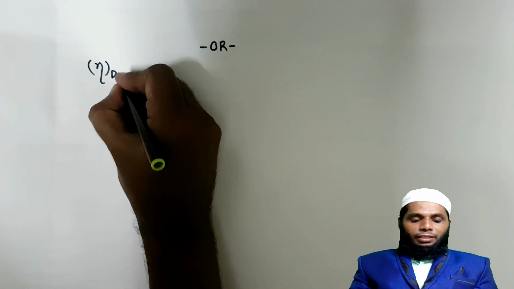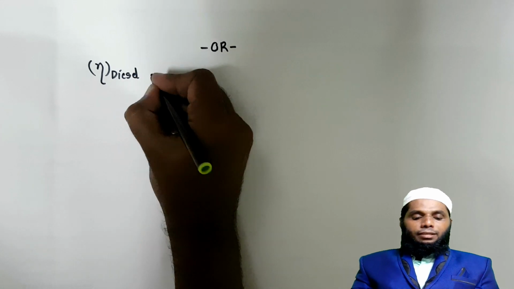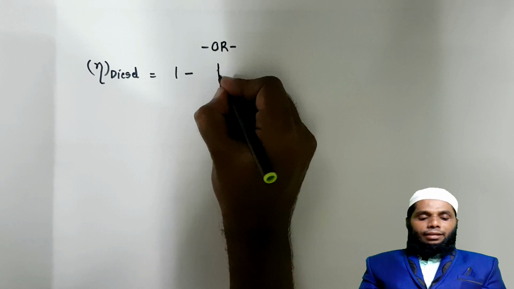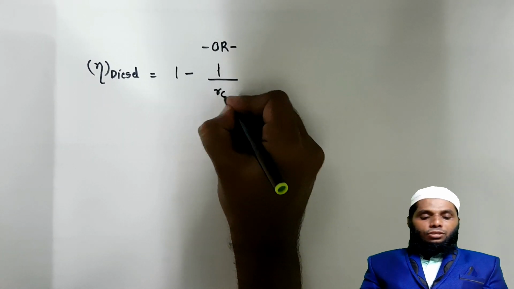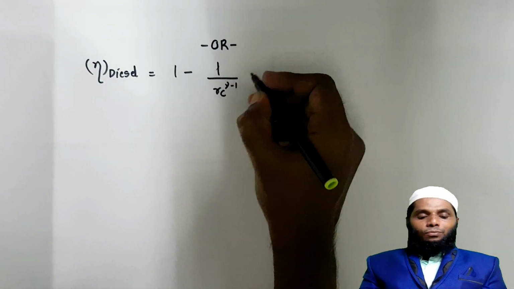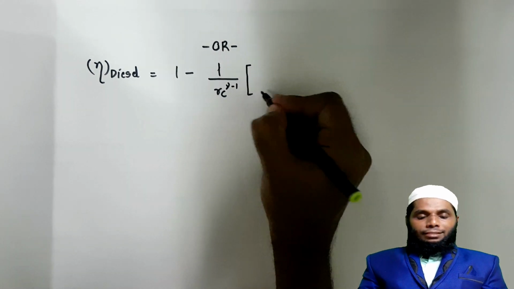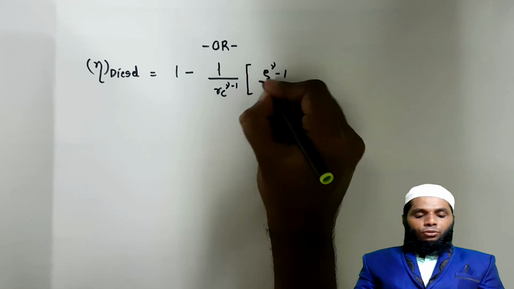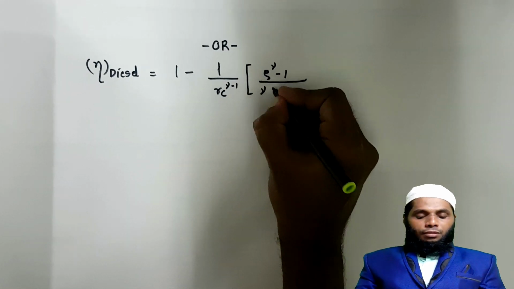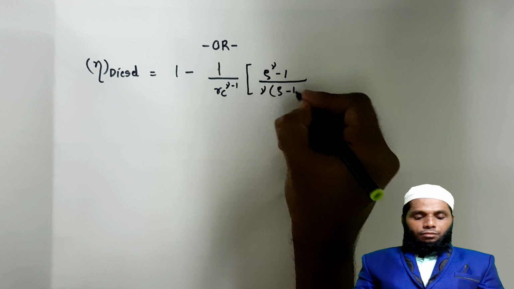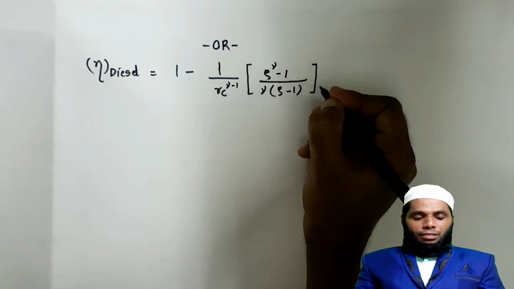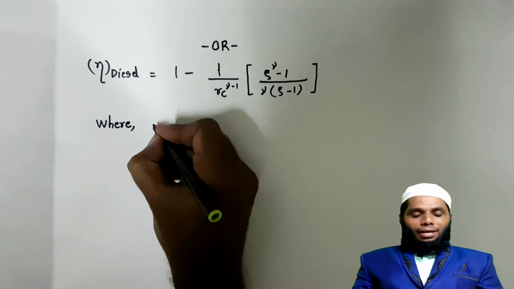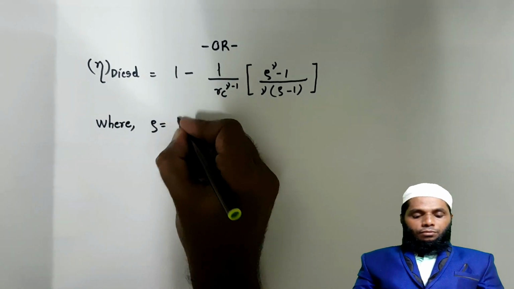So an alternative method to determine efficiency of diesel cycle, we have a relation for that. Efficiency of diesel cycle is equal to 1 minus 1 upon rC, that is compression ratio, raised to power gamma minus 1, in the bracket, rho raised to power gamma minus 1 divided by gamma into (rho minus 1).